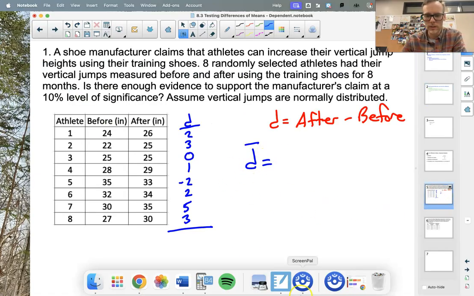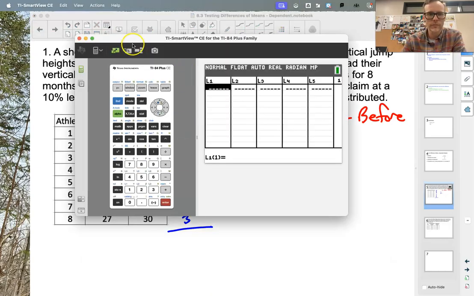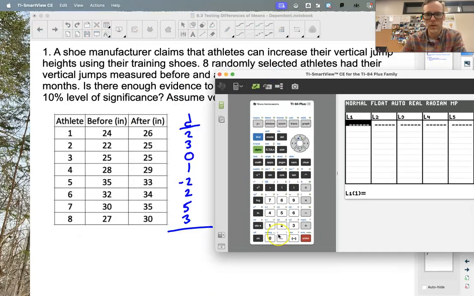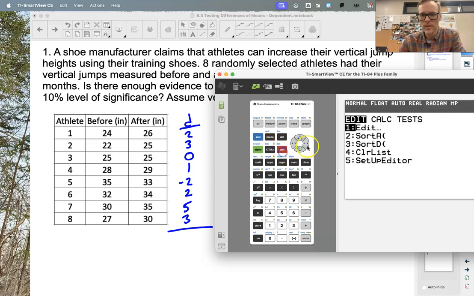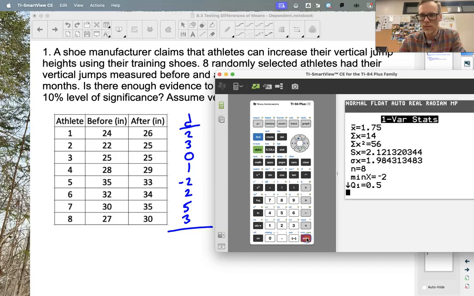Well, I'm going to grab my calculator. I'll put in the values: -2, 2, 5, and 3. Quit, stat, calculate, one variable, list 1. Now I know it says x bar here, but I know that's d bar.